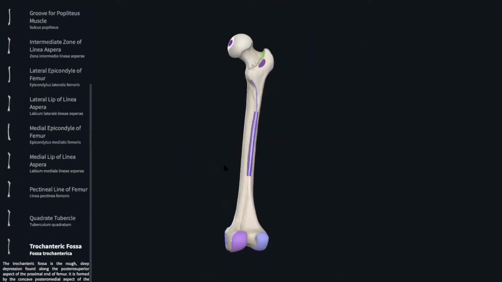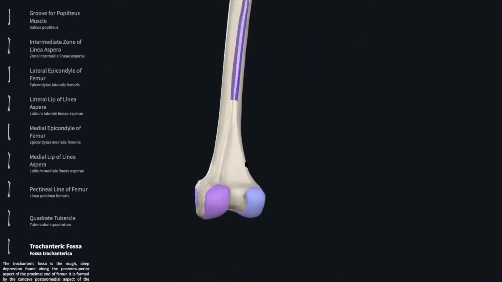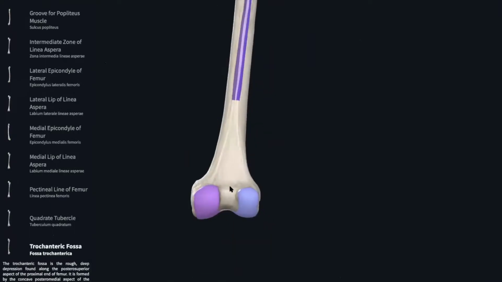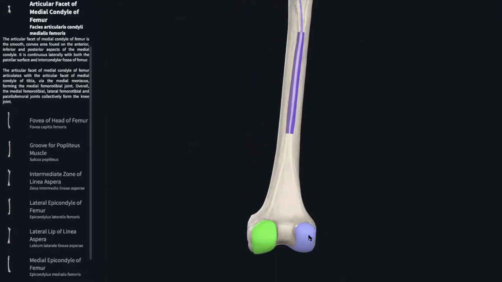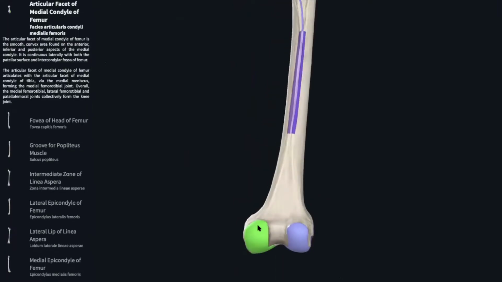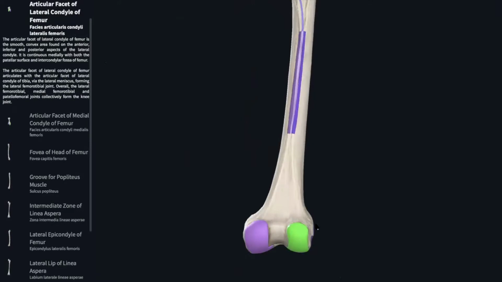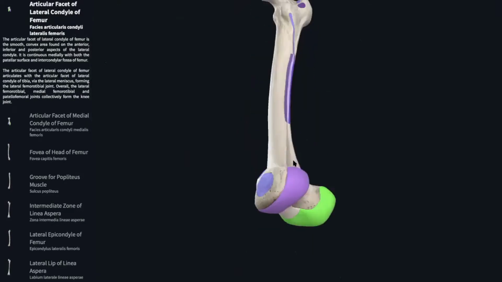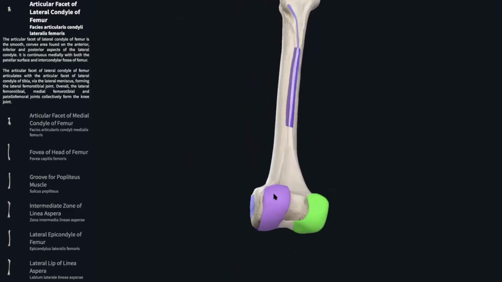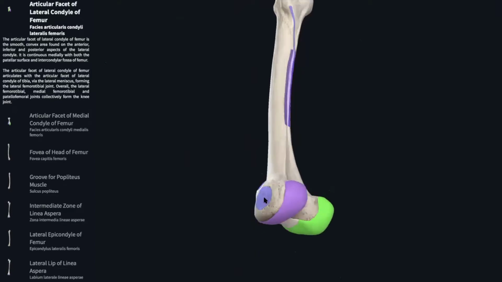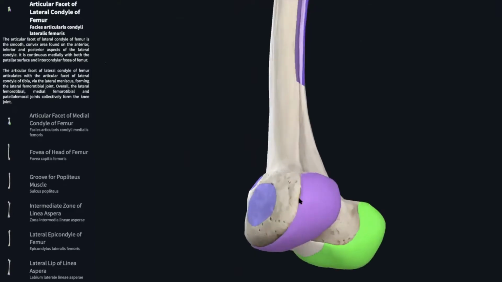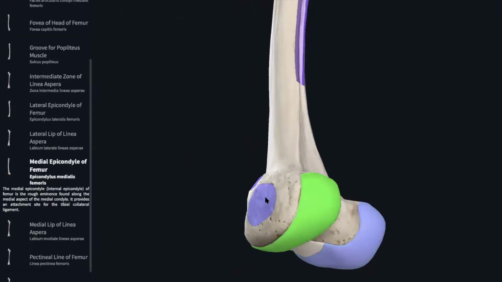Okay, so finally, we're looking posteriorly again. We have the condyles, the medial condyle of the femur and the lateral condyle of the femur. These are basically two smooth surfaces that articulate with the leg bones. As well as condyle, we have an epicondyle.